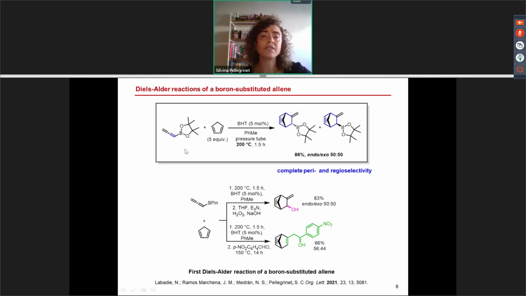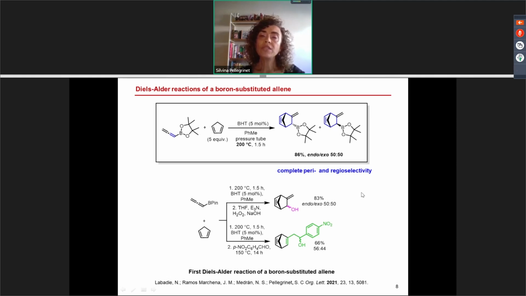So we first studied the reaction with cyclopentadiene and found that under thermal conditions at 200 degrees, we could obtain the cycloadducts in very good yield, 86%, in a 50-50 endo-exo ratio. But this reaction was completely peri-selective and regioselective. So we only observed a 4+2 cycloaddition with the internal double bond.